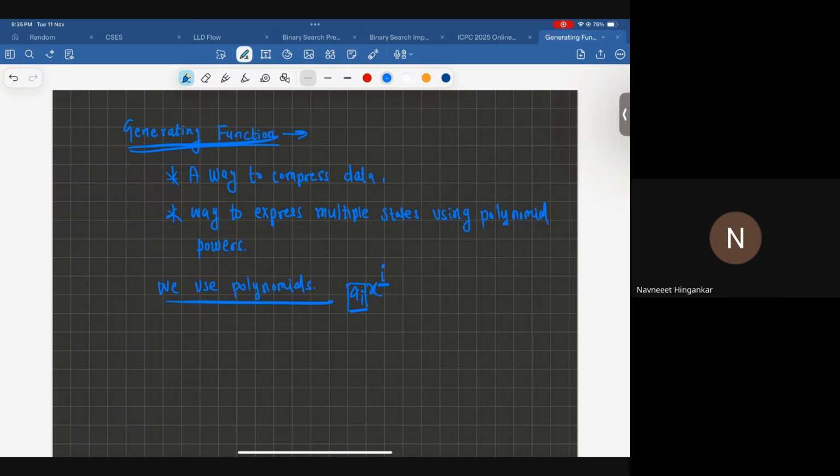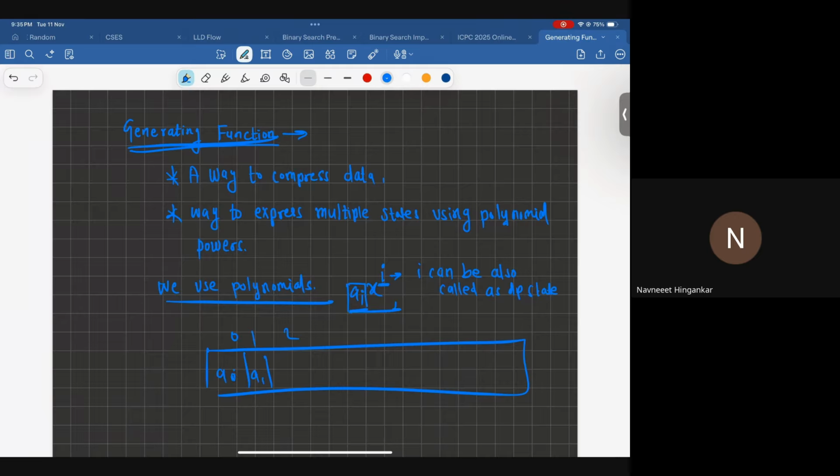You could also call it a state. This i can also be called a dp state. So you don't need to write it in terms of an array, because if you write an array it looks like i equal to 0 1 2 3 4, with a0 a1 and so on.